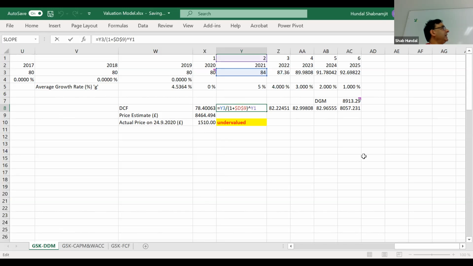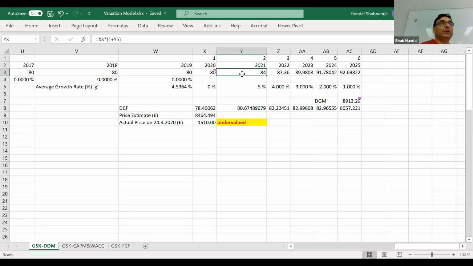As you can see in the formula, I'm discounting the cash flow, which basically means that if the dividend grows at 5%, it becomes 84. The present value of this 84 is equal to 80 pounds.